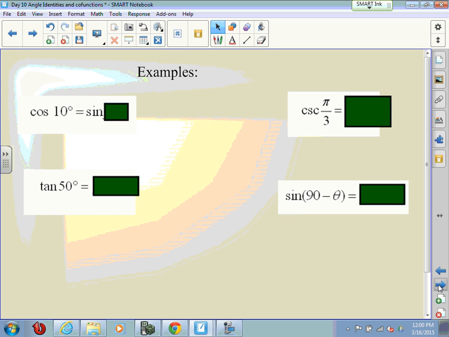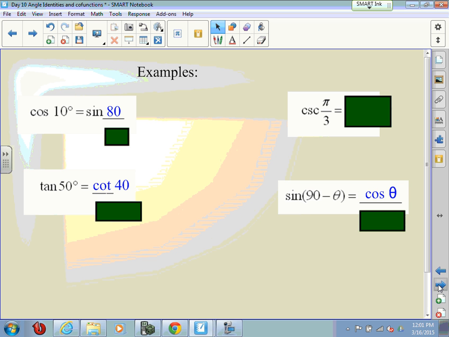Okay, let's look at these. We should be able to whip these off without even writing them down. Cosine 10 is going to be the same as sine of what? Beautiful. I didn't put the degrees on, so forgive me. Tan of 50 should be what? Cotan 40. Nice. Sine of 90 minus theta should be what? Cosine of theta.